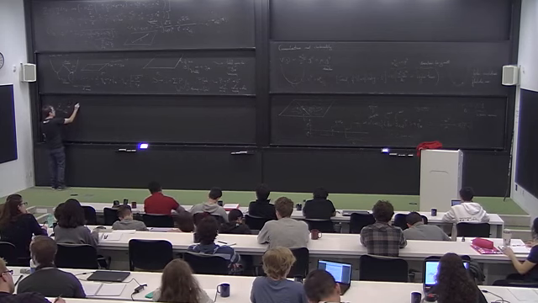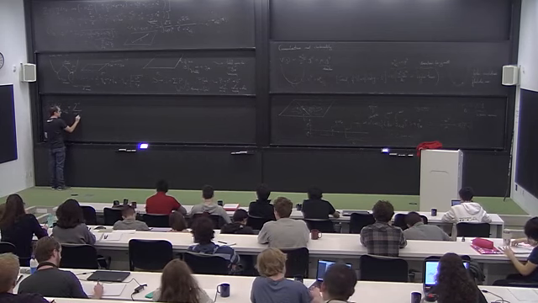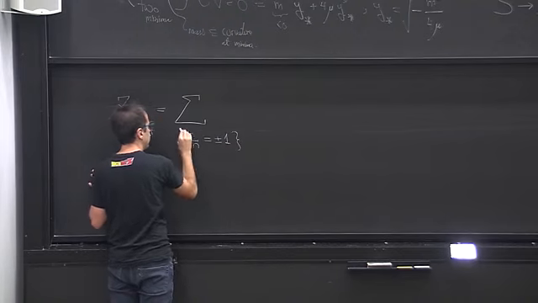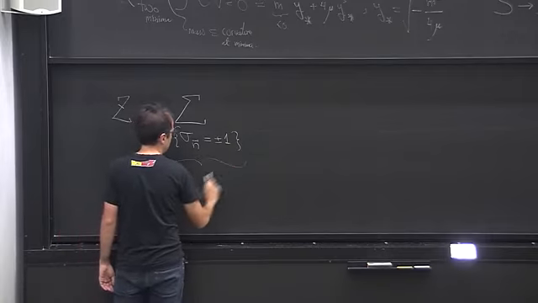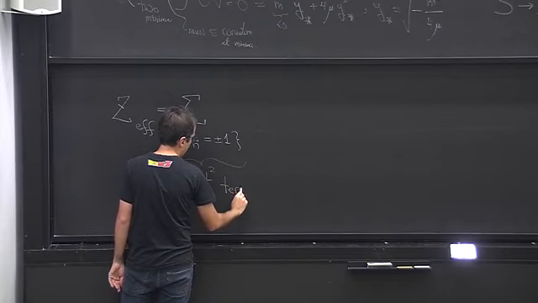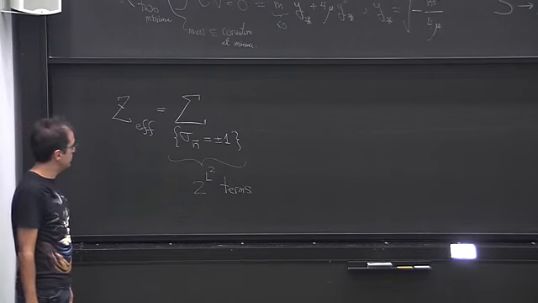I just sum, and at each site, I sum over the sigmas that can be plus or minus 1 at each site. So in this sum, there are 2 to the L squared terms, because at each site, I say if it's plus or minus.